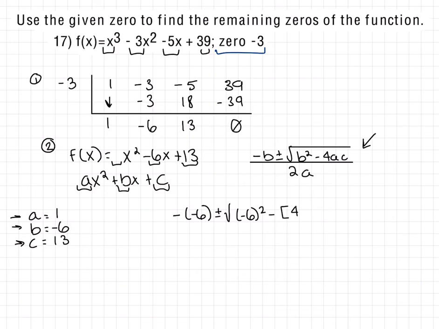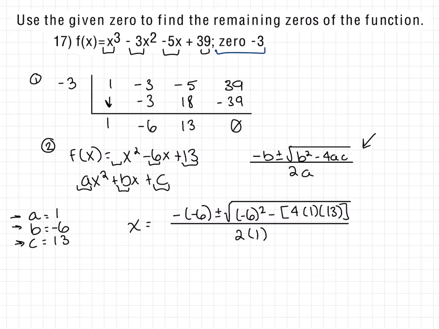And then you do 4 times our a value, which is 1, and our c value, which is 13, bracket to close it. And all of this is divided by 2 times our a value, which is 1.